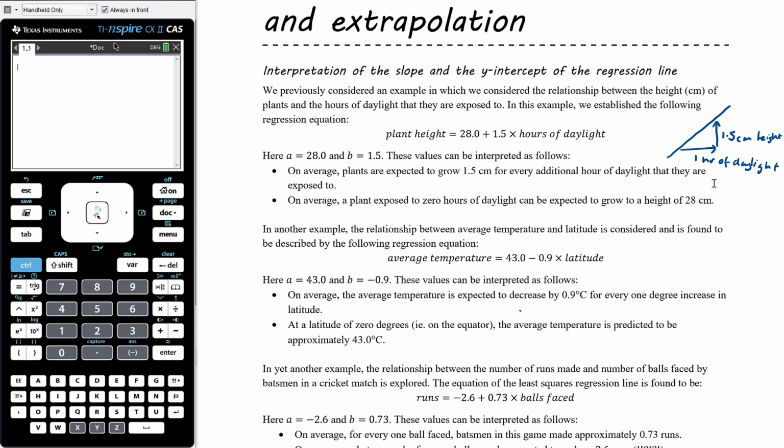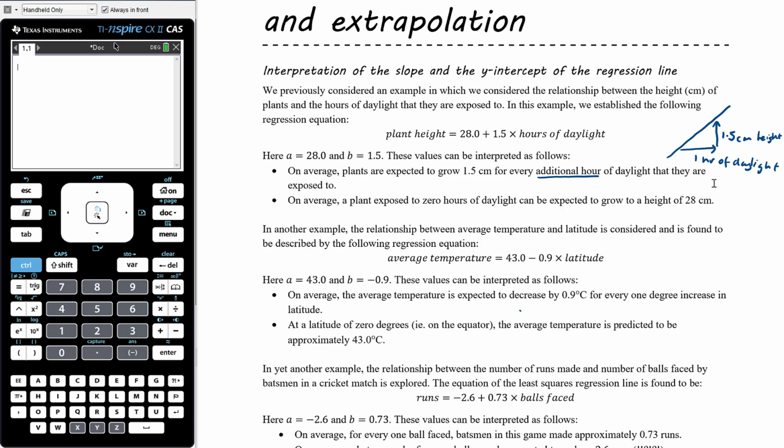Okay, it's really important. So you'll notice I've said additional hour. It's really important that there's a sense of, as the x variable increases by 1, the y variable increases by whatever, or decreases by whatever if you've got a negative gradient. Okay, so another way we could say this would be, on average, for every 1 hour increase of daylight that the plant is exposed to, it can be expected to grow by an additional 1.5 centimetres.